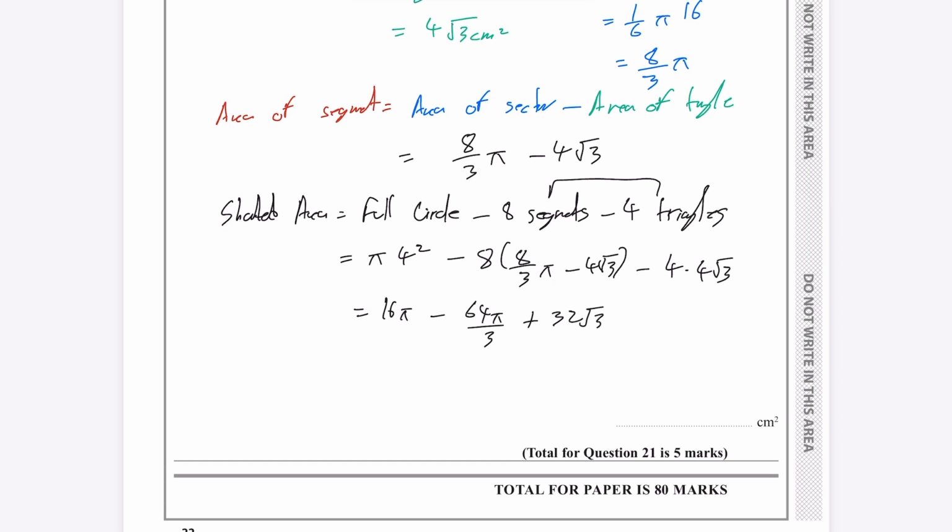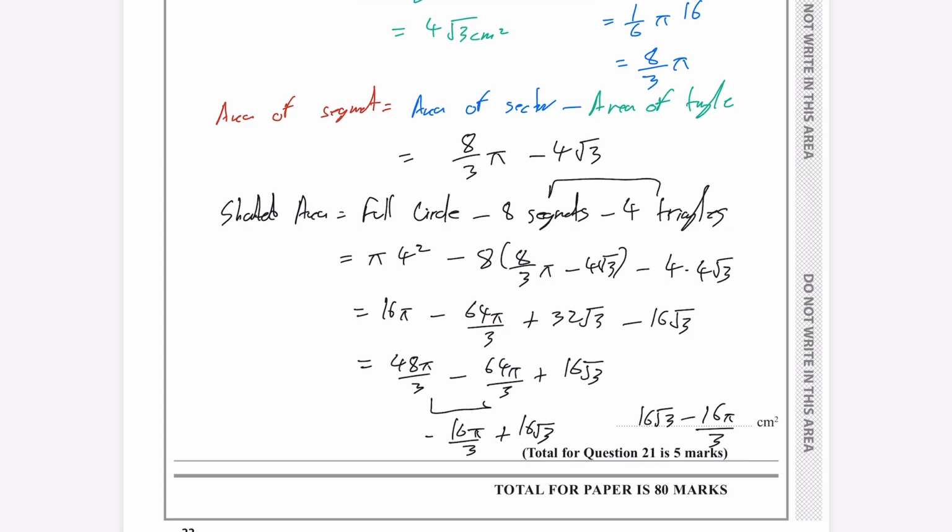That's 32 root 3 minus 16 root 3, and then that can become 48 pi over 3 minus 64 pi over 3 plus 16 root 3. And we can collect these 2 together, and that will give us minus 16 pi over 3 plus 16 root 3. And you can write your answer as 16 root 3 minus 16 pi over 3. And that's the last question on this paper.